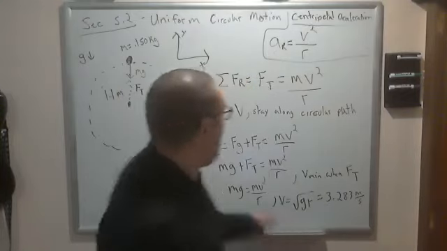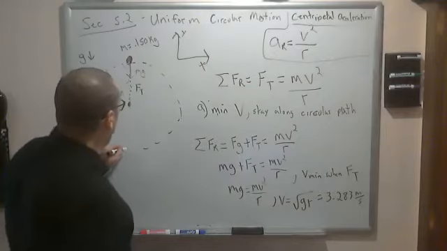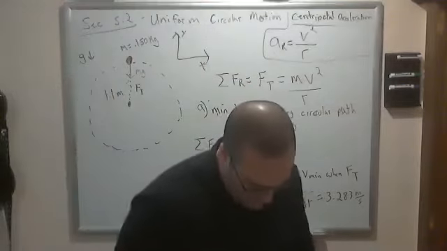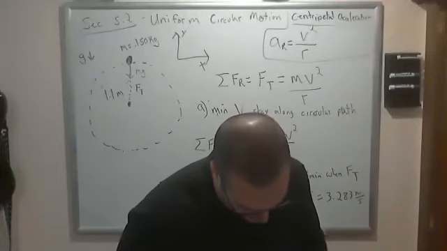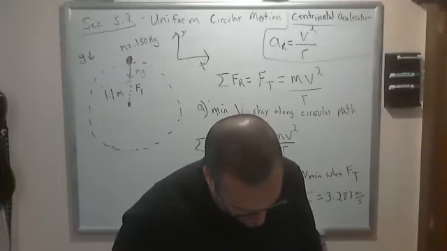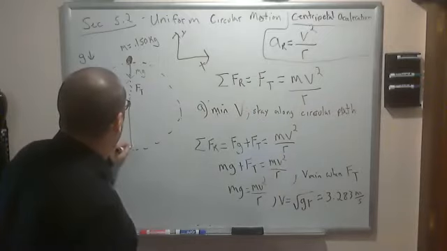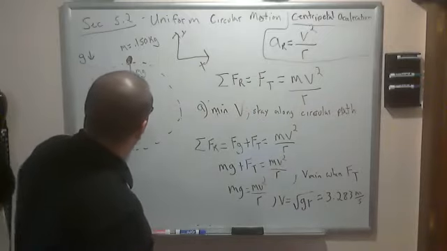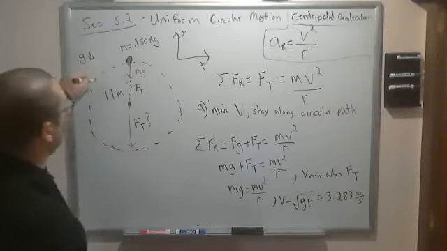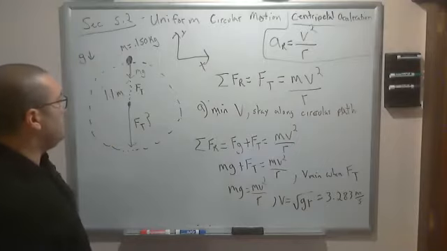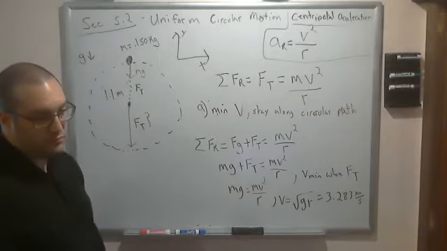So now that we found it, let's figure out what forces. Let's say this is the speed and it's kept constant throughout the whole thing. What is the tension in the cord when it's at the bottom? If at the top the speed is just enough so that there's no tension, what is the tension at the bottom?